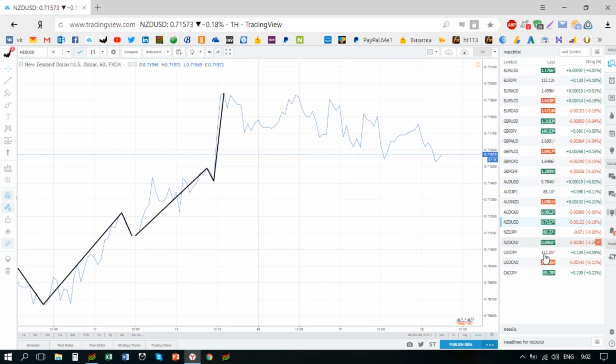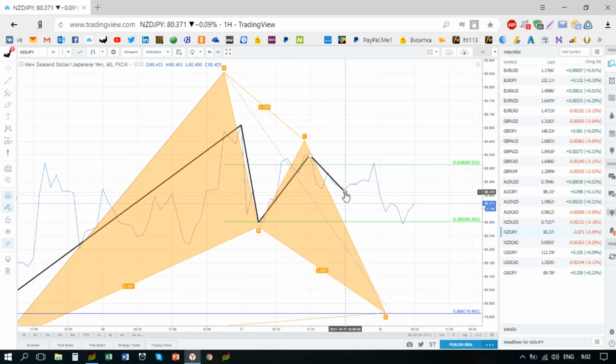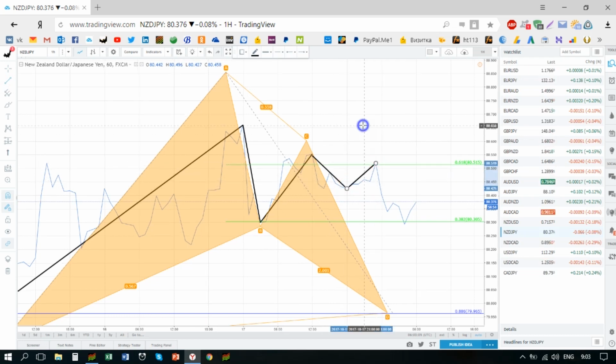Okay, let's go next. New Zealand yen. Here's the pattern. Oh, and it was triggered. That small M-type pattern, potential bad pattern, it was triggered already. And now we'll move to the downside this way, and it almost hit the targets.